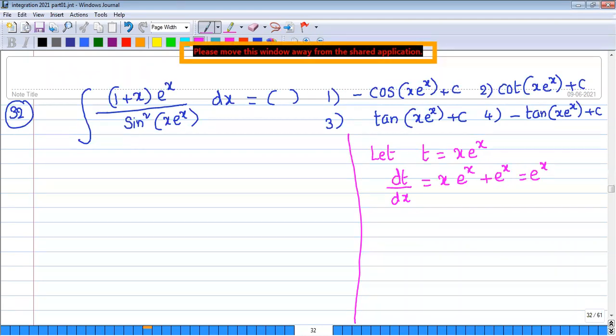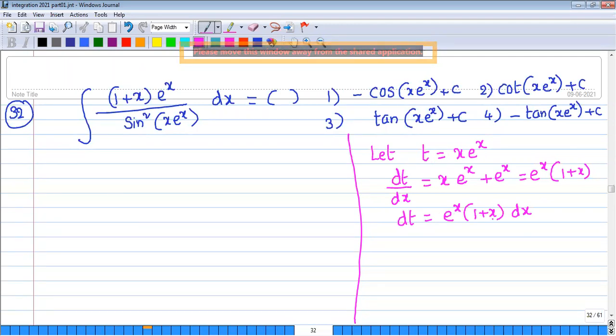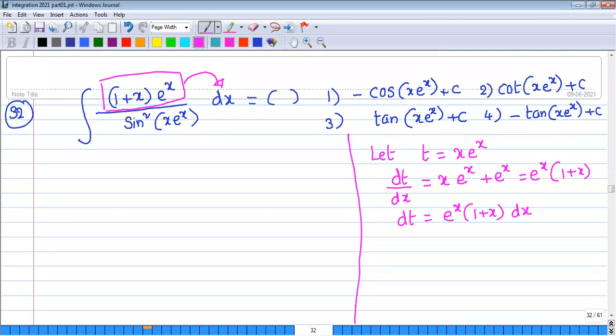E power x common, we have 1 plus x. So dt equals e power x into 1 plus x dx. That means if you replace x e power x by t, then dt becomes e power x 1 plus x dx. Instead of x e power x, we can write t.